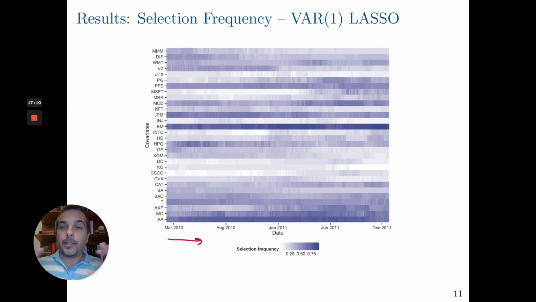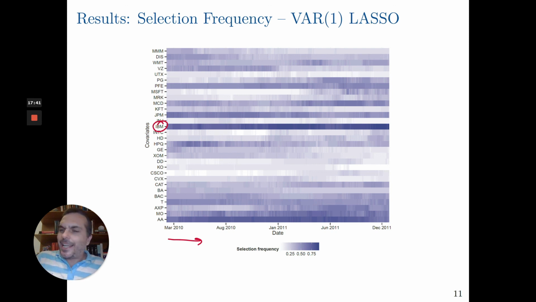And there's something that clearly stands out from this picture, and it is IBM. Look at the pattern of IBM. It's kind of stable over all the estimation windows, okay? And the blue is much darker than any other. It's followed by Alcoa, AA, and it's been selected in most of the cases.